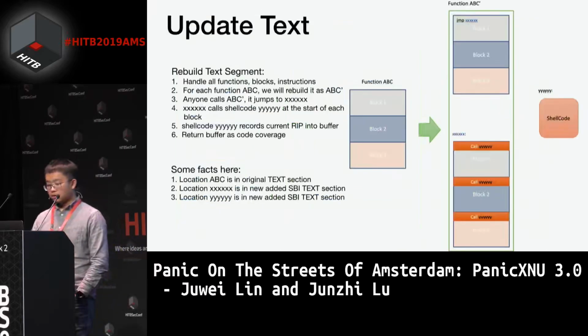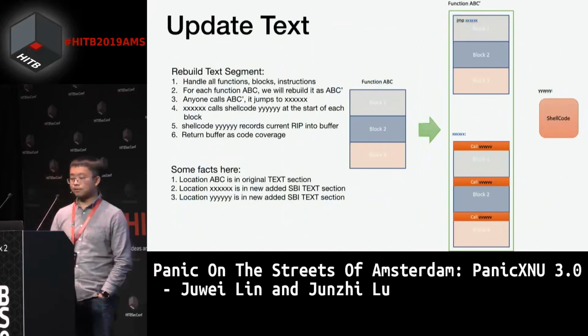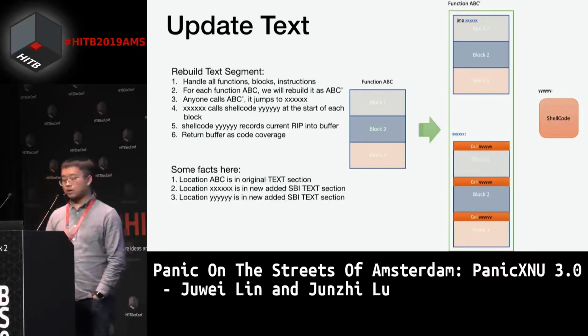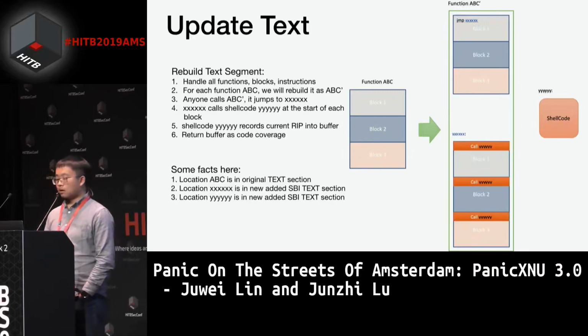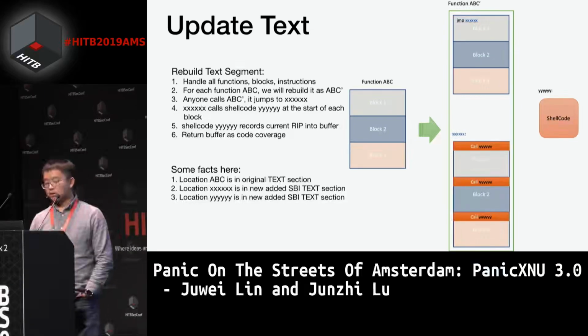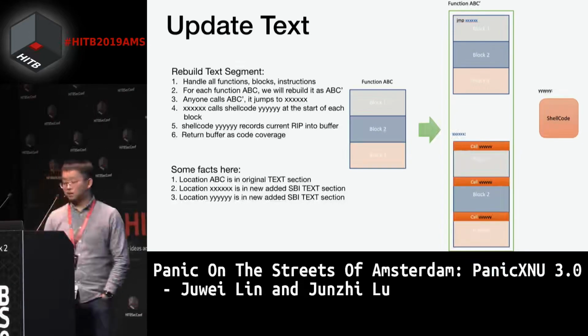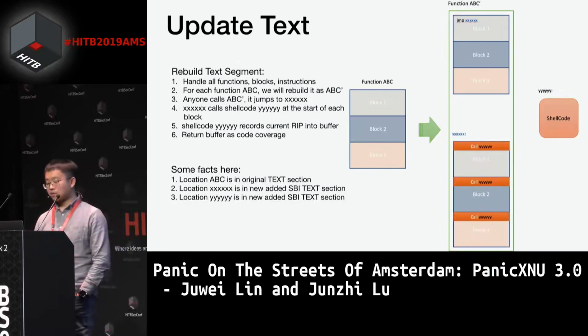Okay, let's jump to the first part, updating the text section. As mentioned before, for the original function ABC, I patch it to jump to my new SBI function XXXXXX, and the new function is almost the same.